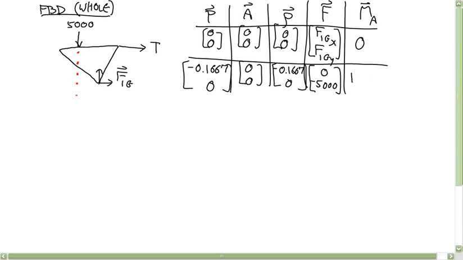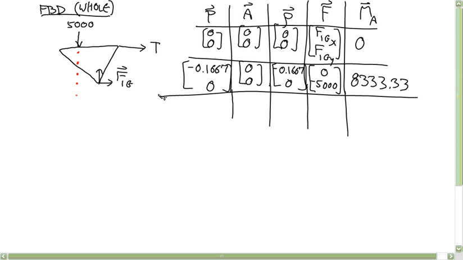No, that can't be. That should be 833. And positive. Decimal places in the wrong spot. It's 800. Oh, yeah. Thanks.